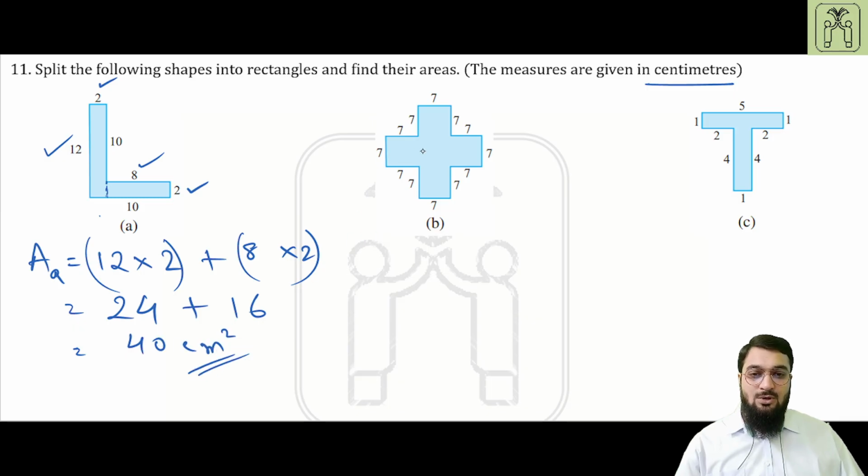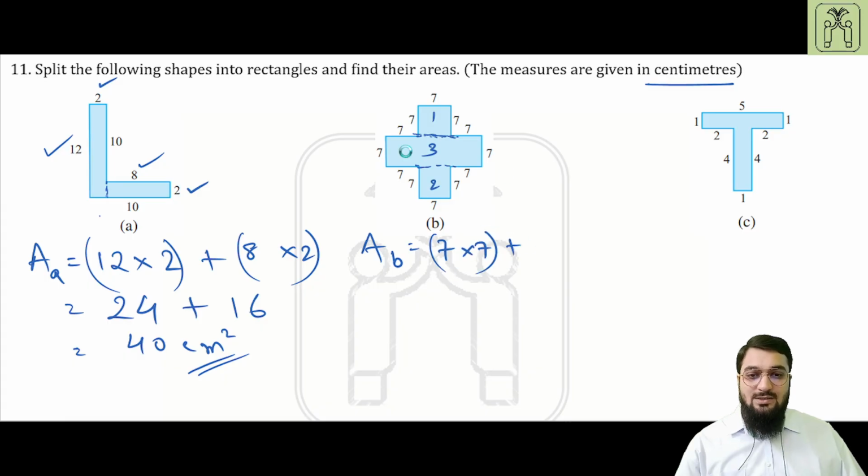Part B. So how will this be done? Just take this rectangle in total and two squares. Okay, so the area of part B will be first square, second square, and third rectangle. So first square is 7 into 7.